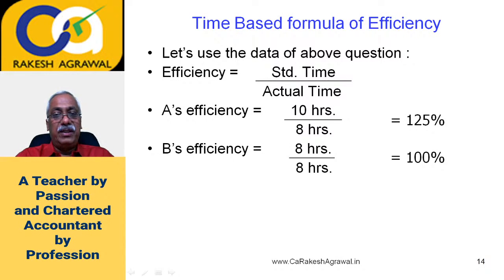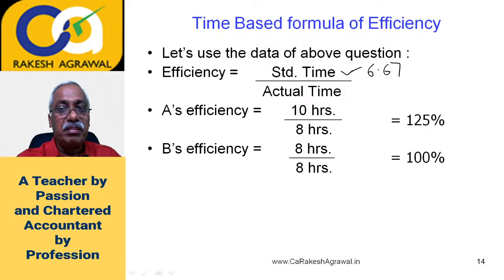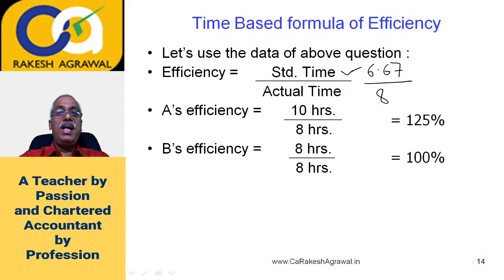That is B's efficiency. Now recollect C. C's standard time, if I remember correctly, we had calculated as 6.67 in the Halsey system. But C has actually taken 8 hours. So he took 8 hours to do the same work which was expected from him in 6.67 hours. So his efficiency will be lower.